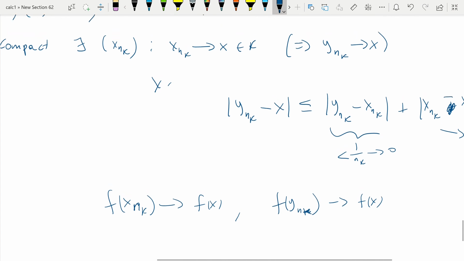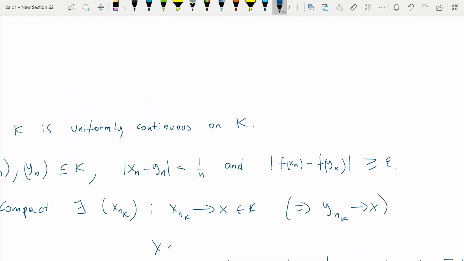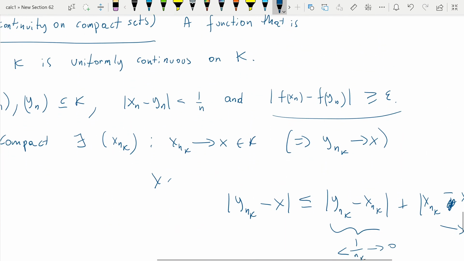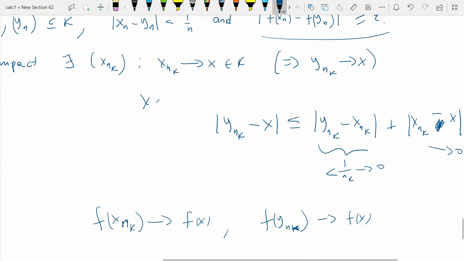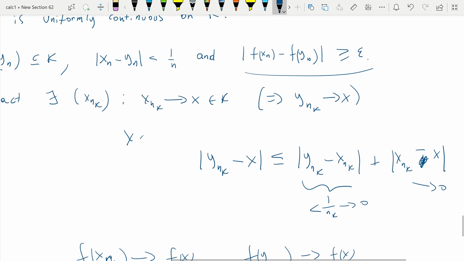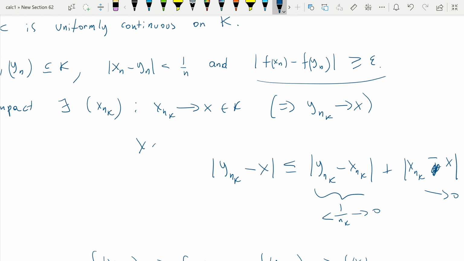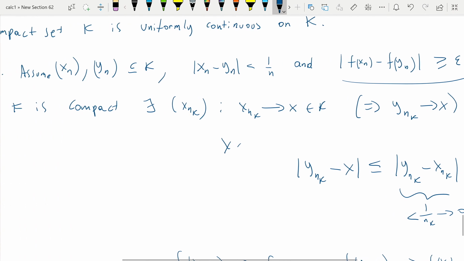But then that would imply that this distance cannot be greater than or equal to epsilon for all n, because in particular for the nk, the absolute value of f of x nk minus f of y nk is going to 0. So that's a contradiction.